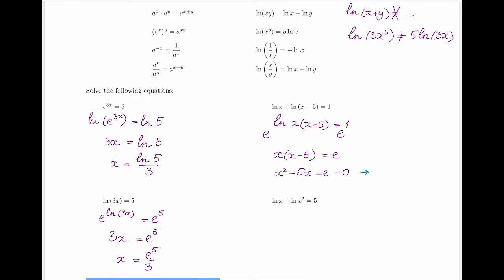And because I cannot think of easy ways to factor it out, we will have to apply the quadratic formula here. Now, I'm not going to go through the application of the quadratic formula, but please feel free to finish this off. One more step that you have to do at the end, because here you have logarithms of two different values: you have to make sure that whatever goes inside, much like with a square root, is in fact positive.